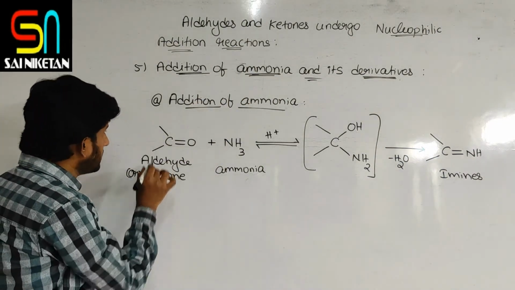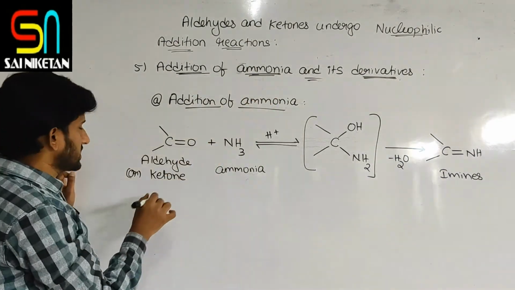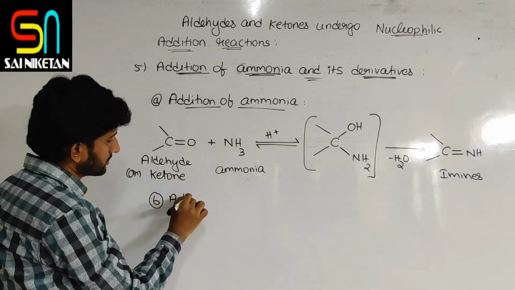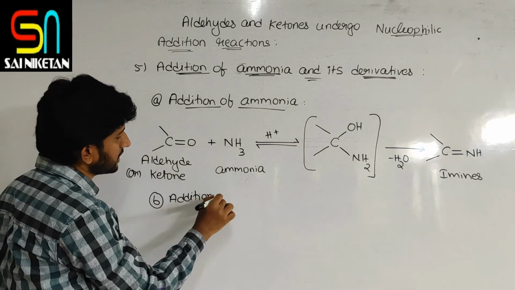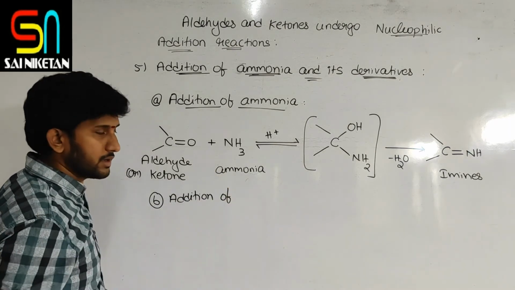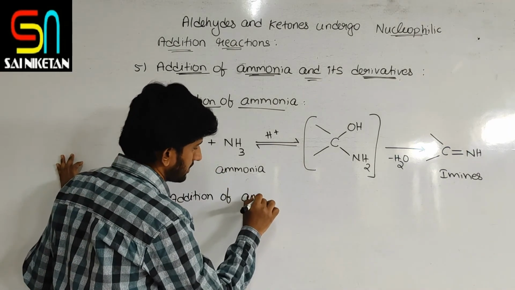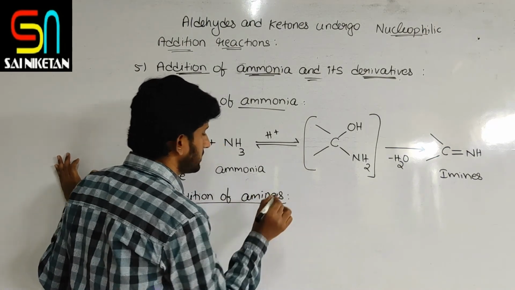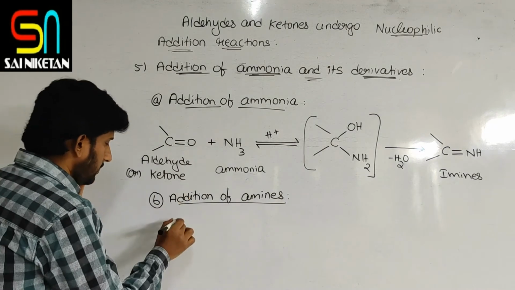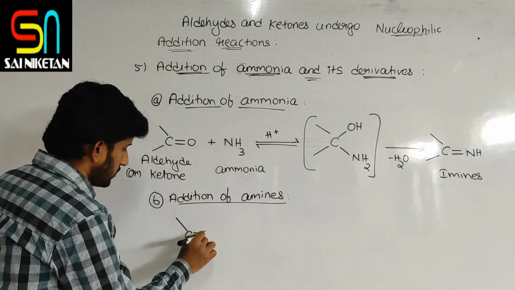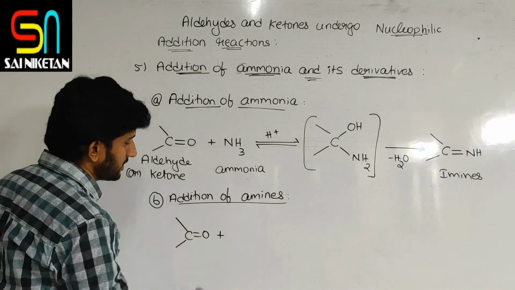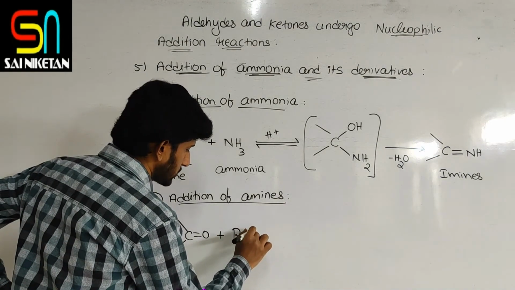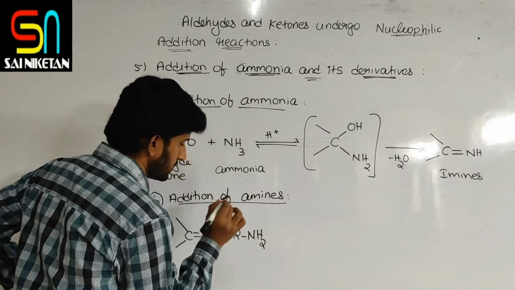Let us see in this only ammonia and derivatives we are studying. So next reaction in this is addition of amines. Let us take amines. If an aldehyde or ketone is made to react with amine means what? RNH2. RNH2 is amine.